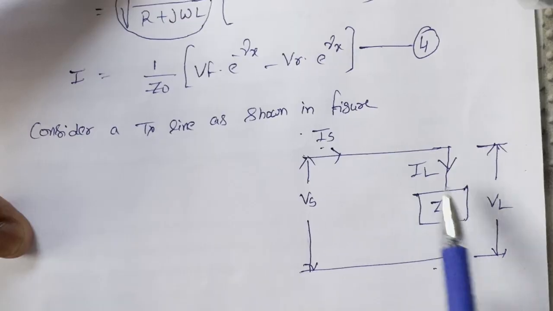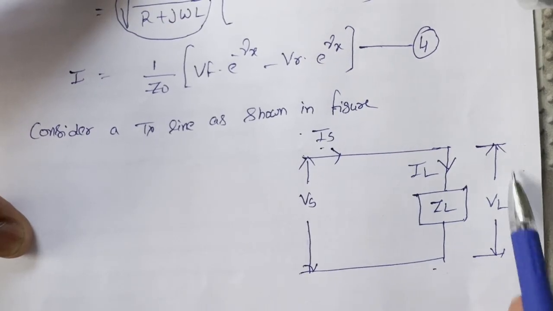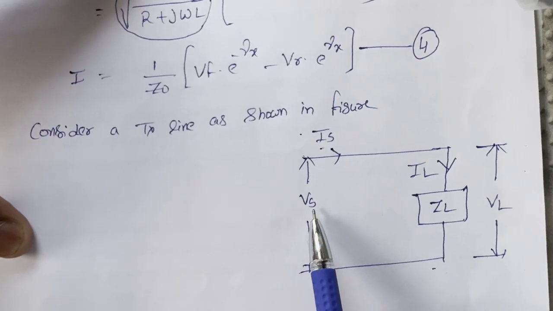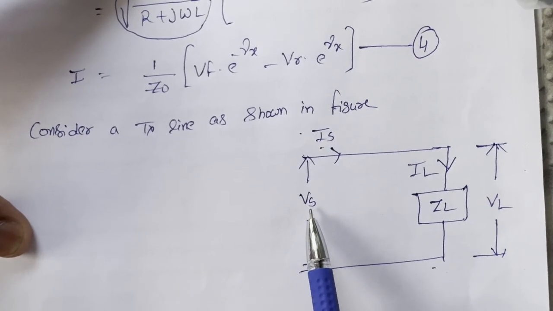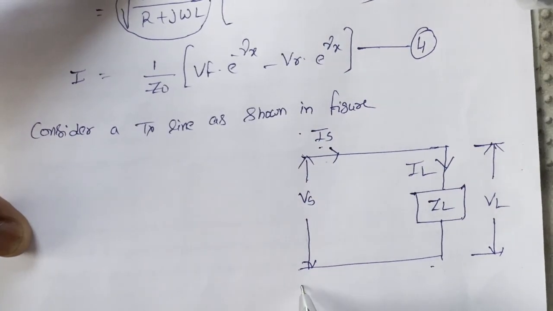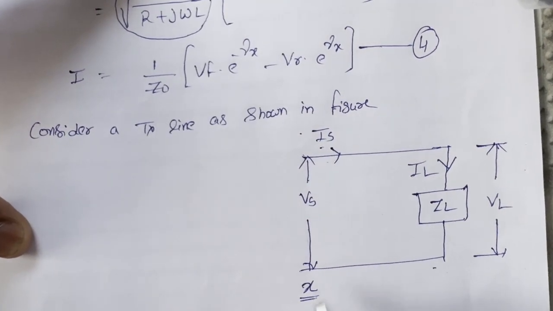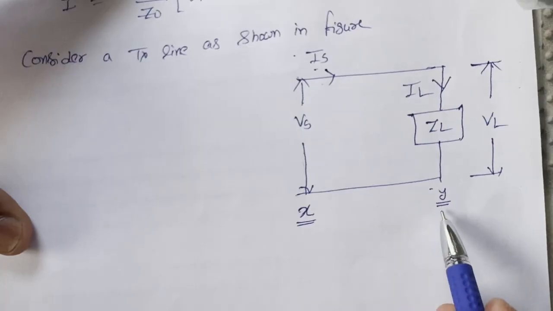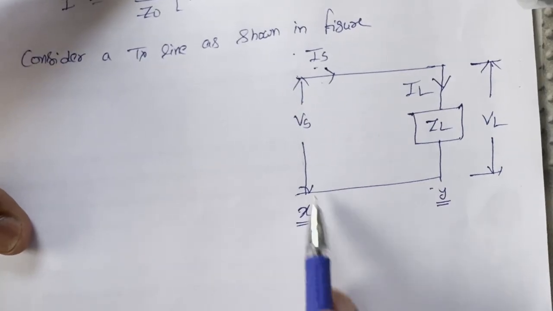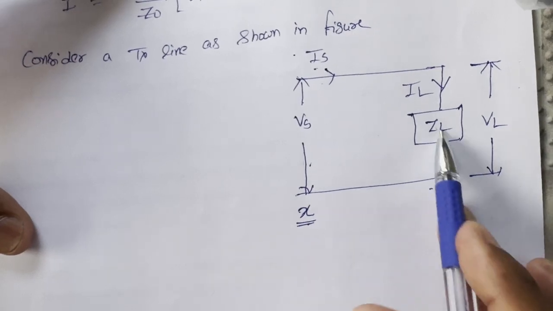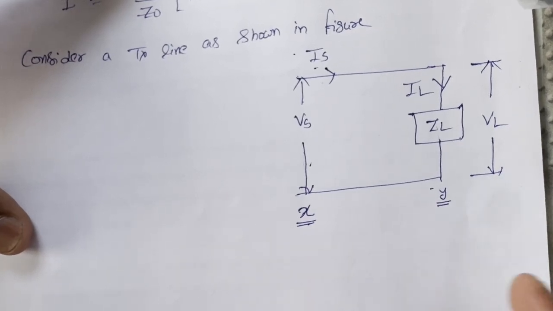Vs is the voltage at source, the input or source voltage. I am assuming the two ends as the X end and the Y end. That means the source end is X and the load end is Y.